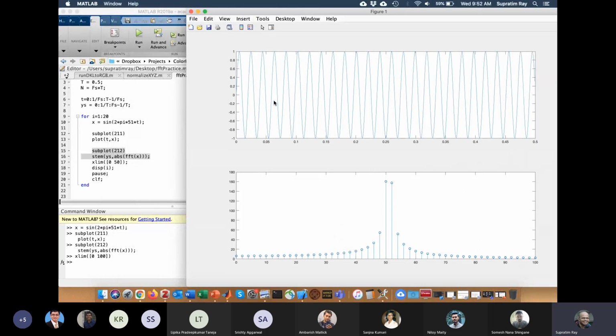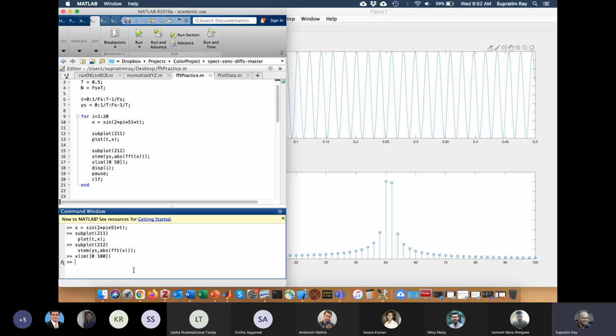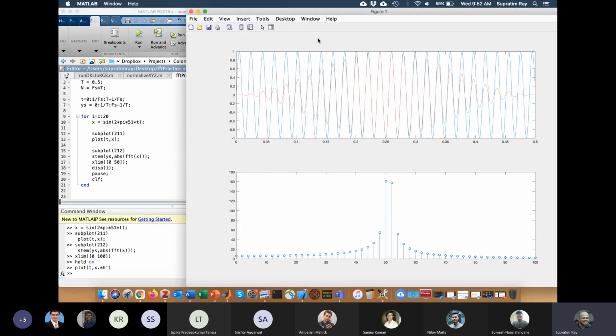Now, what happens when I multiply this signal with the Hanning window? So let me just do that. I'm going to now hold on here and plot t comma x multiplied by the Hanning window that I had. This is my signal now. It's multiplied by a Hanning window. And you might say, hey, it looks odd, but it's there for a reason.